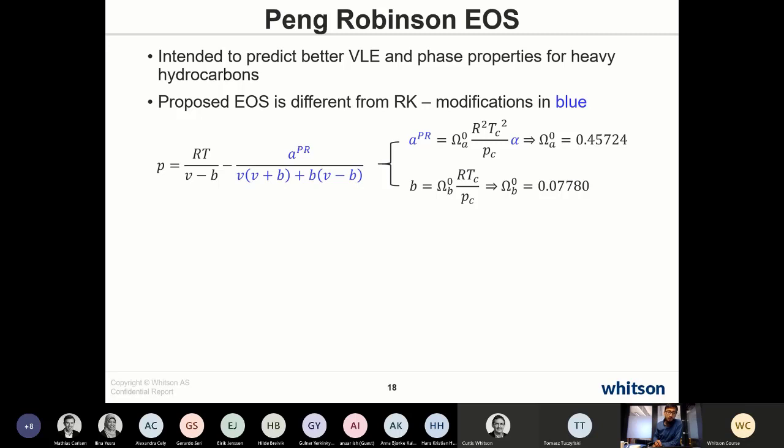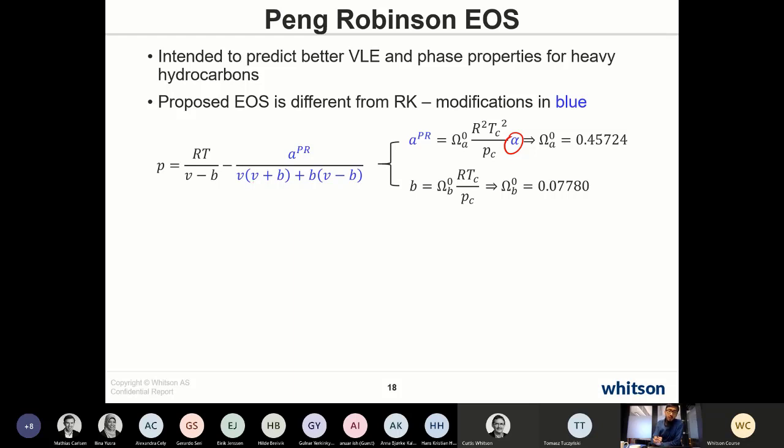So this was the equation of state model, and as Curtis mentioned, they have a new alpha. The alpha correction term was different than the alpha correction term given by Soave for the Redlich-Kwong equation of state model.